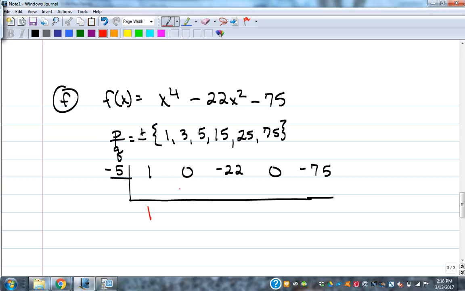And that'll give me 3. And there's my 0. So x equals -5.